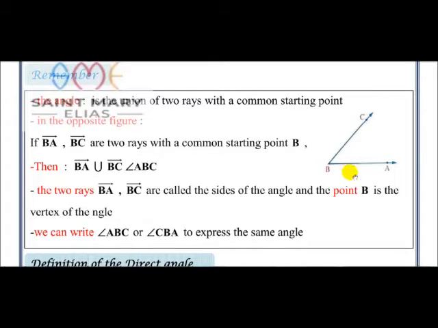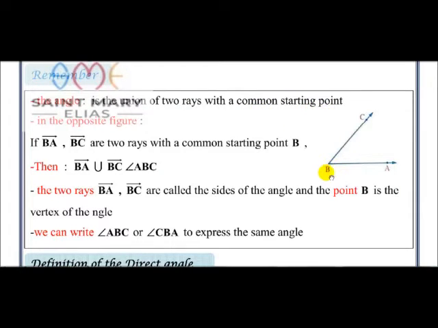Then my two rays with the same starting point form a figure called an angle, okay? The angle is the union of two rays with a common starting point.